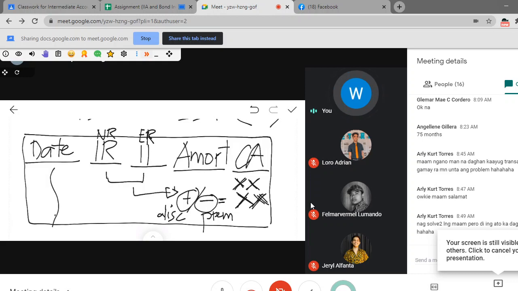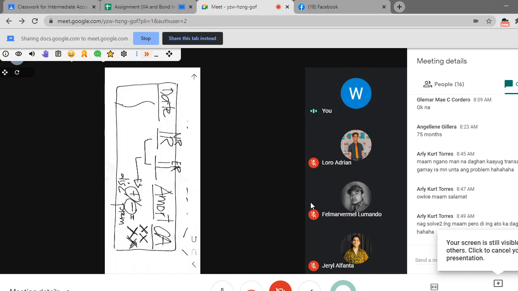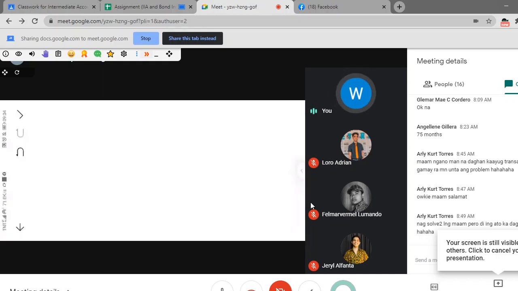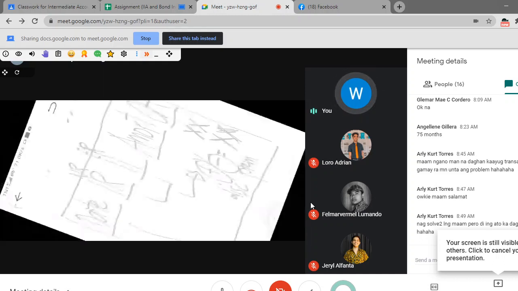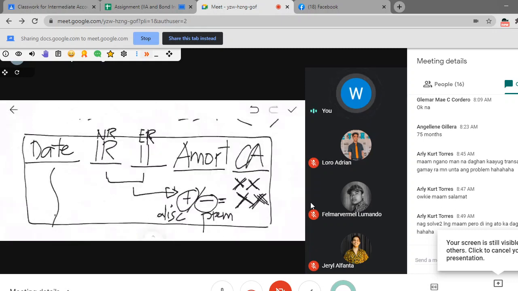But this table is only applicable if your bond is, what was it? If your bond is a term bond. Okay? What is a term bond? One with only one maturity date. The issuer of the bond pays the principal only once.